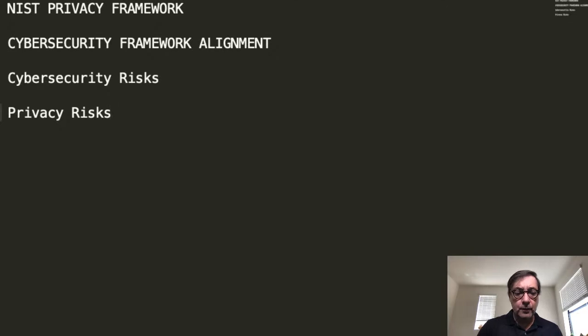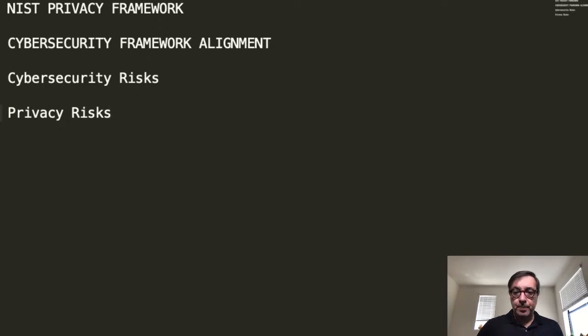So if you are an organization just starting out with privacy, or don't have a strong collaboration with cybersecurity and need a way to talk to them about things like privacy breaches, you can use a common language that just has a little more of a privacy lens to it. Okay, that's good.